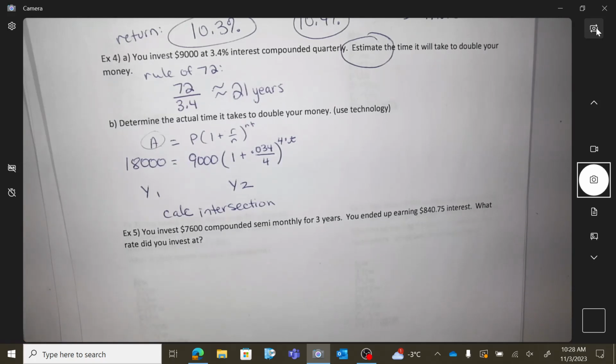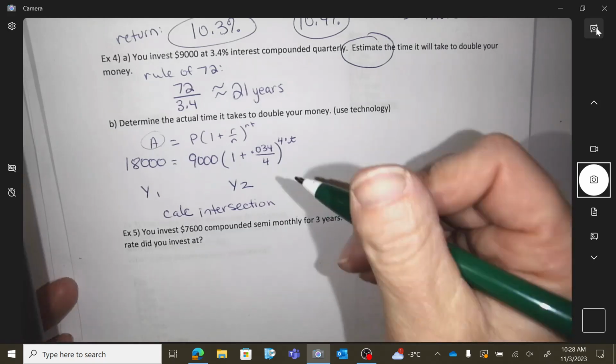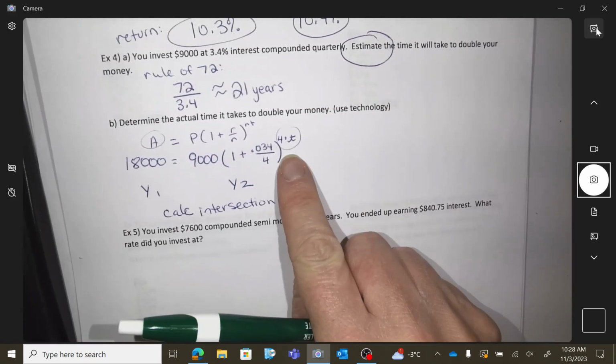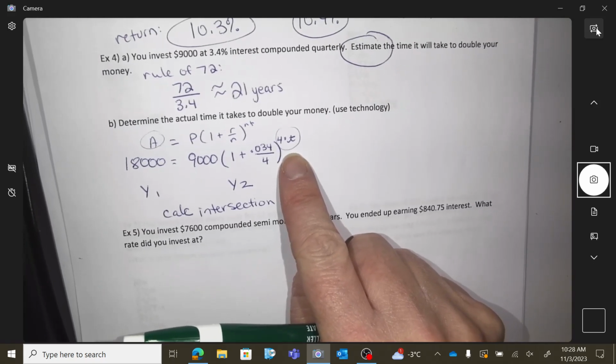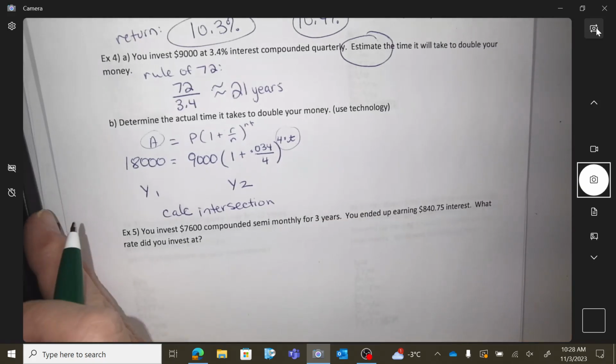Okay, so give me y1, y2. As long as we don't have to do logs. Can you make sure this exponent 4t goes in a bracket? To the bracket 4x on your calculator.